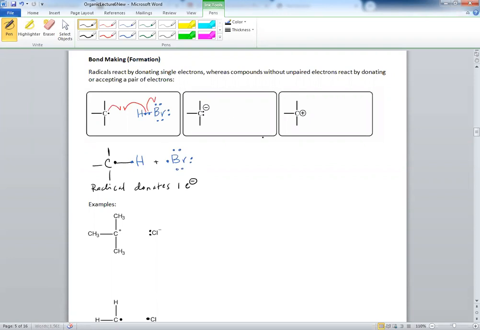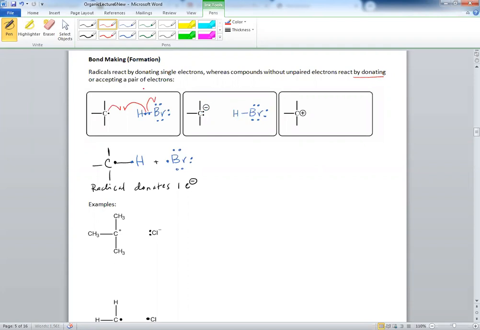Now let's do the second one. Imagine we also use HBr. Now, there's no need to take an electron from this bond right here between H and Br because we have a pair of electrons ready to form a bond. So what would happen is the following.